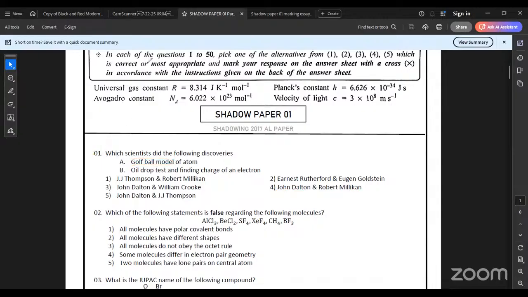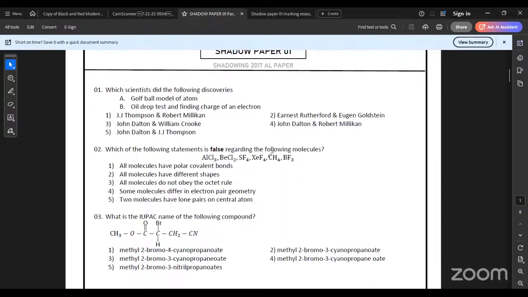Then this one, people. Which of the following statements is false with regard to the following molecule? Let me take the 2017 paper also.